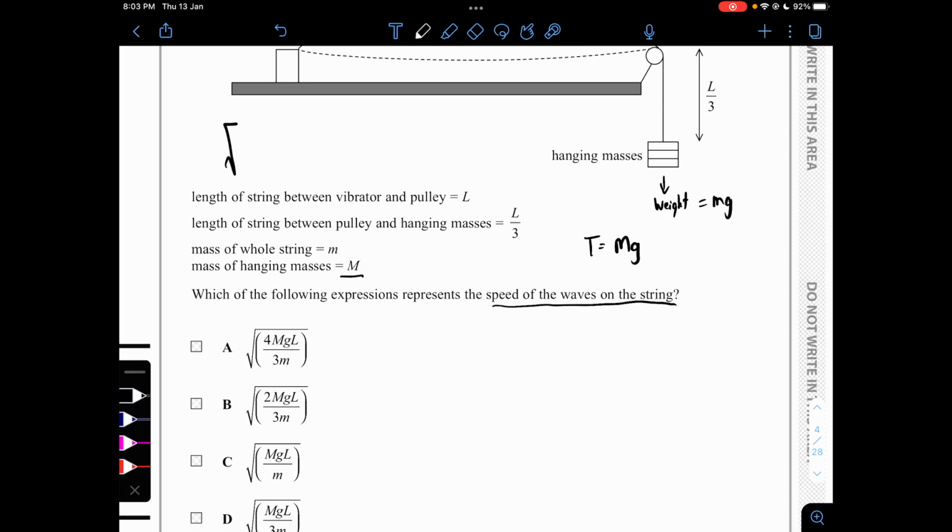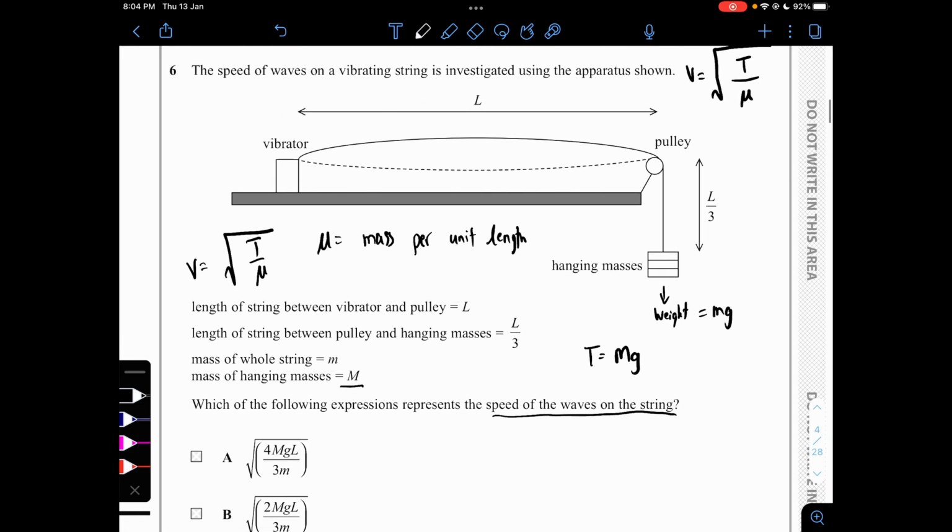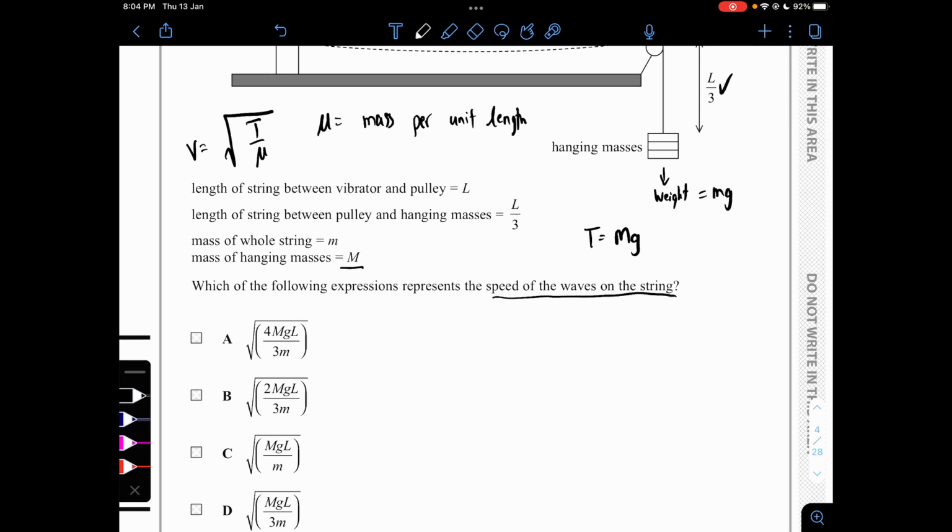So the equation here, I'll just write it here. V equals square root of T over mu. What's mu? Mu is mass per unit length. Now what's the length here? Is it just L? No, we also have L over 3, so we have to add them. So mass per unit length means what?